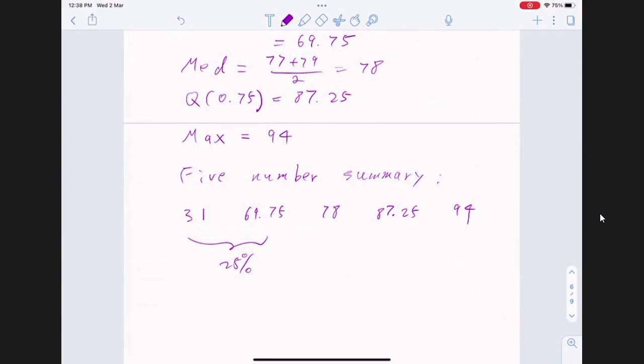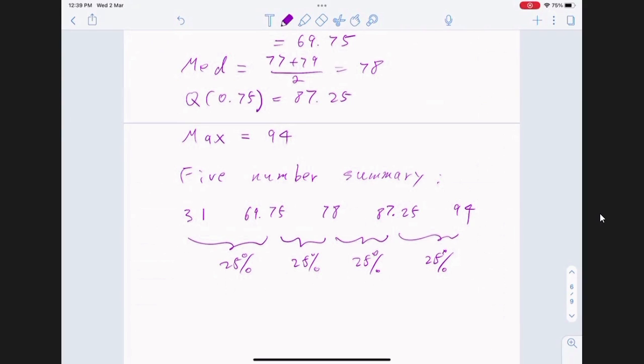So we have another 25% within this. So why are we so interested in these 5 numbers, and we call them a 5 number summary? The reason is that they partition the data set into 4 equal pieces. In each of these regions, we have about 25% of the data allocated into it. So just based on these 5 numbers, we have some impression about the data distribution.